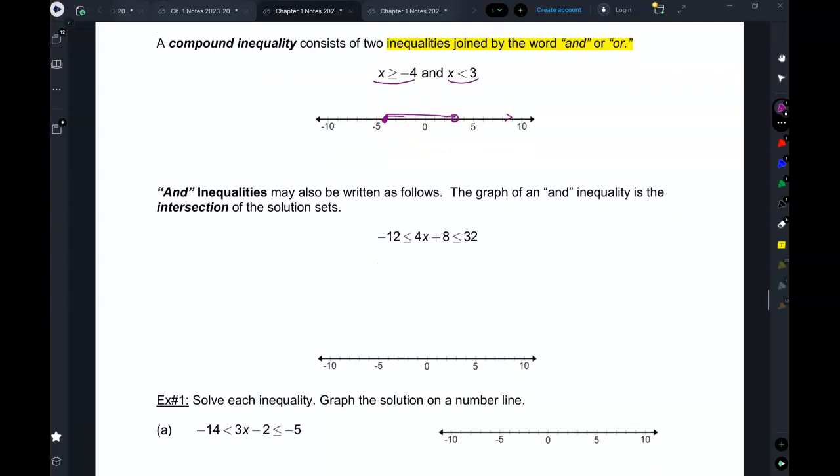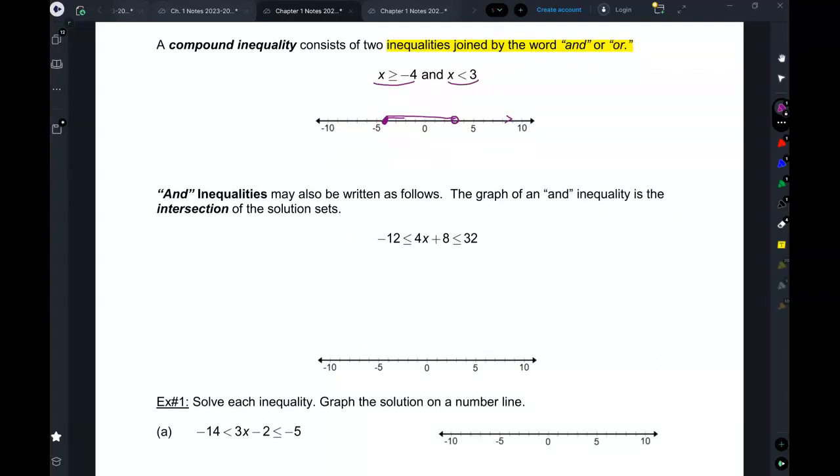Okay. Now, AND inequalities are also written like this. So for example, this one, I can write it in more concise form. I can say, for the right-hand side, x is less than 3, right? But also, x is greater than or equal to -4, right?